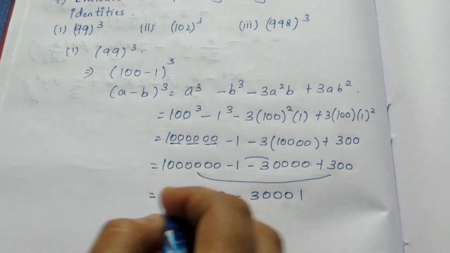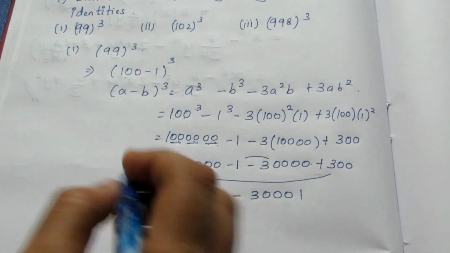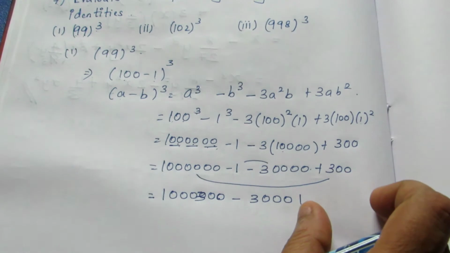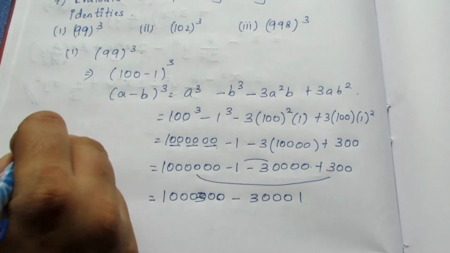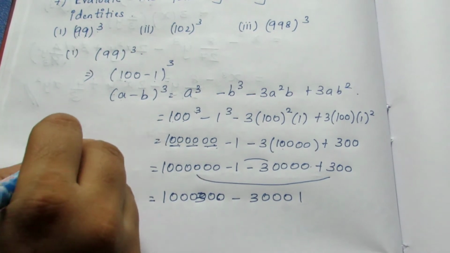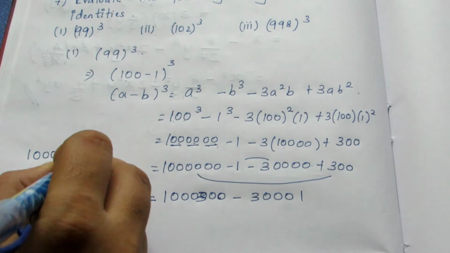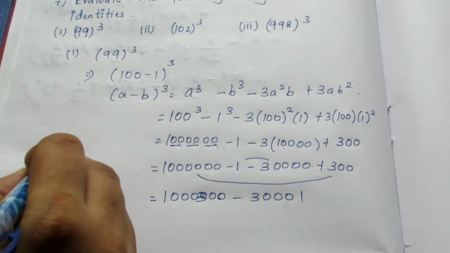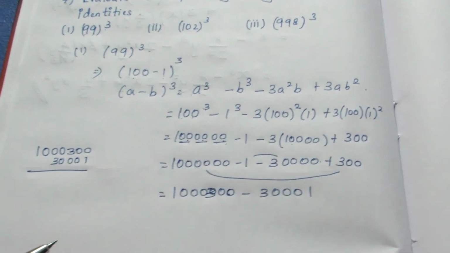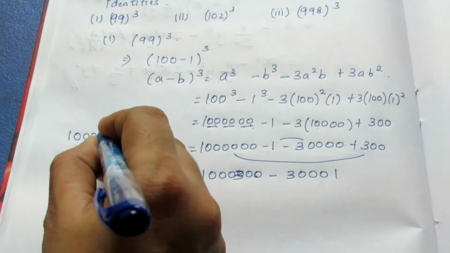Now we need to subtract both. I'll write the rough column over here because I don't have space here, but you need to write your rough column on the right hand side. Now 1000000, then 300, I am going to subtract it with 30001. For subtracting, this becomes 9 and this becomes 2.